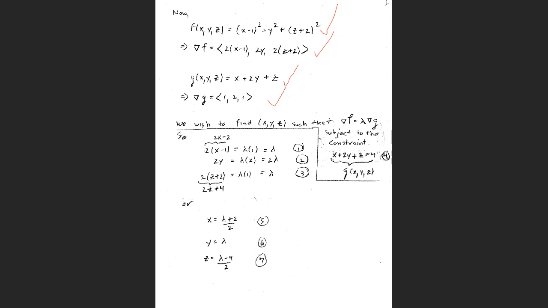By the method of Lagrange multipliers, we wish to find the point x, y, z such that the gradient of f equals lambda times the gradient of g, subject to my constraint.